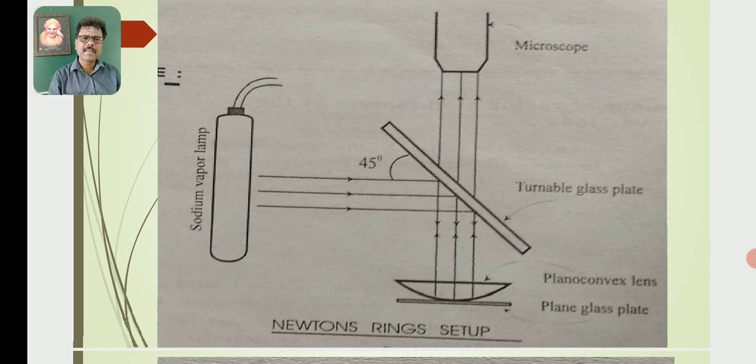The incident beam of light undergoes multiple reflections. The beam of light reflected from the glass plate is made incident on the upper surface of the air film, where part of the light gets reflected and part gets transmitted.